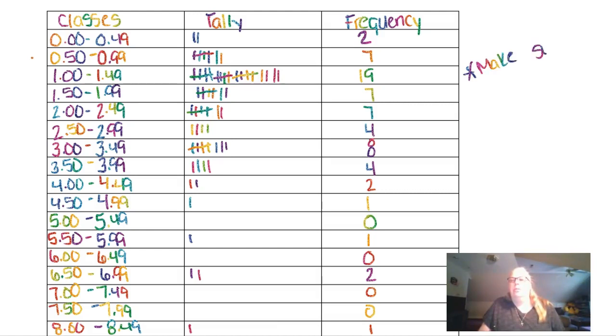Let's make sure the frequency is equal to the total of the data that we have. All right, and that's how we make a frequency distribution.